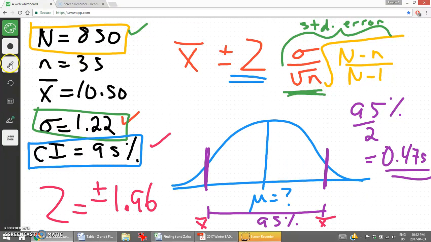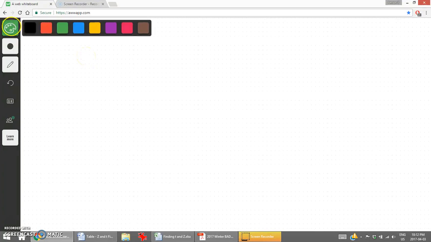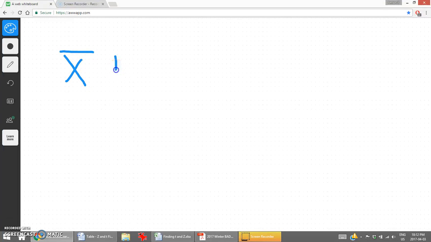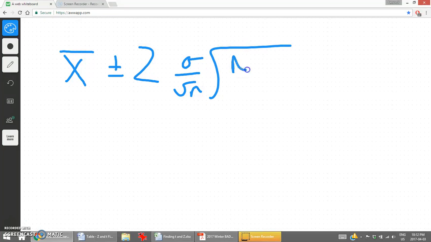So let's now apply the confidence interval formula for this question. We're going to be using this formula, and then we're going to be taking this. Now you can calculate the standard error separately and then multiply it by Z, but we're just going to show everything here in one step.